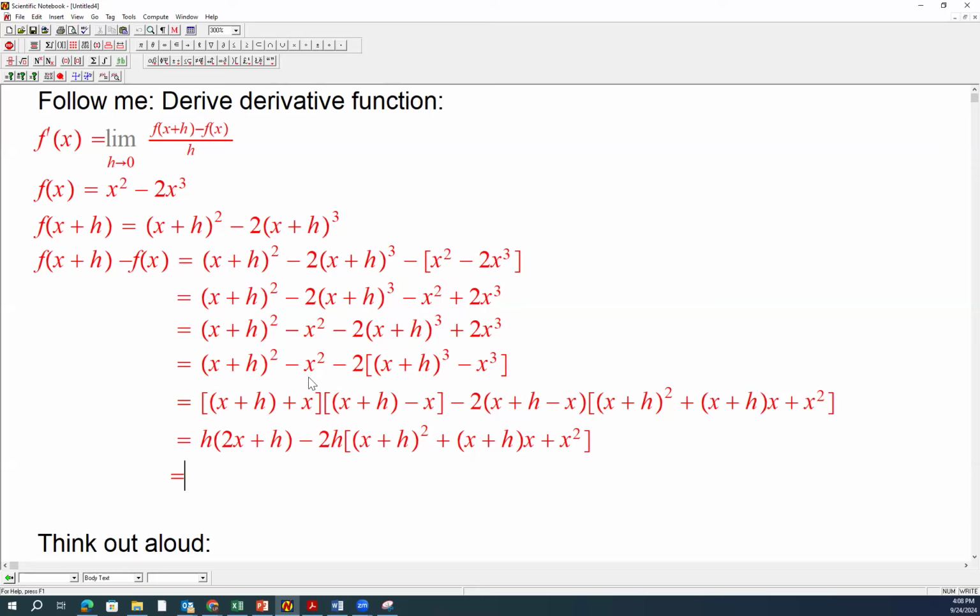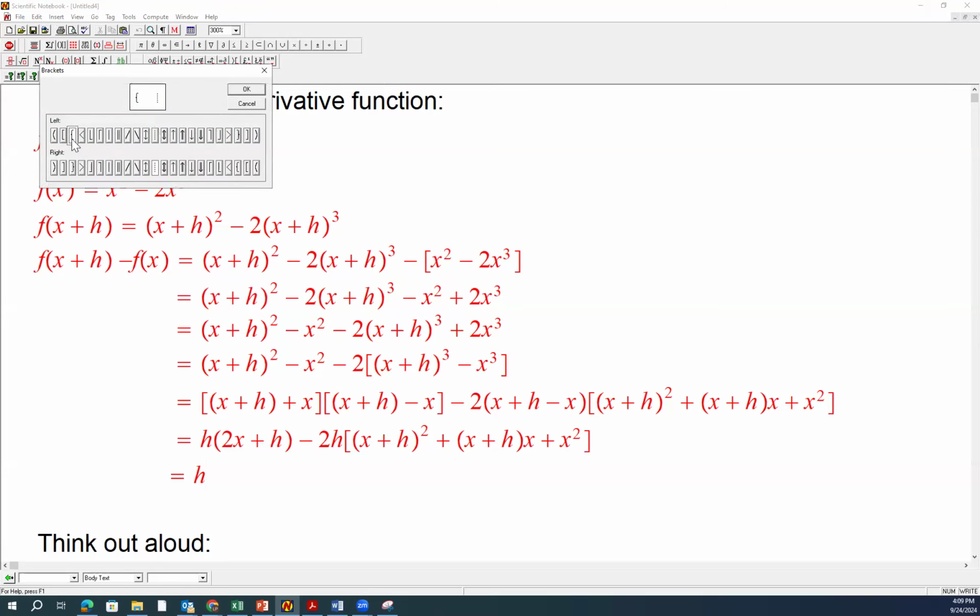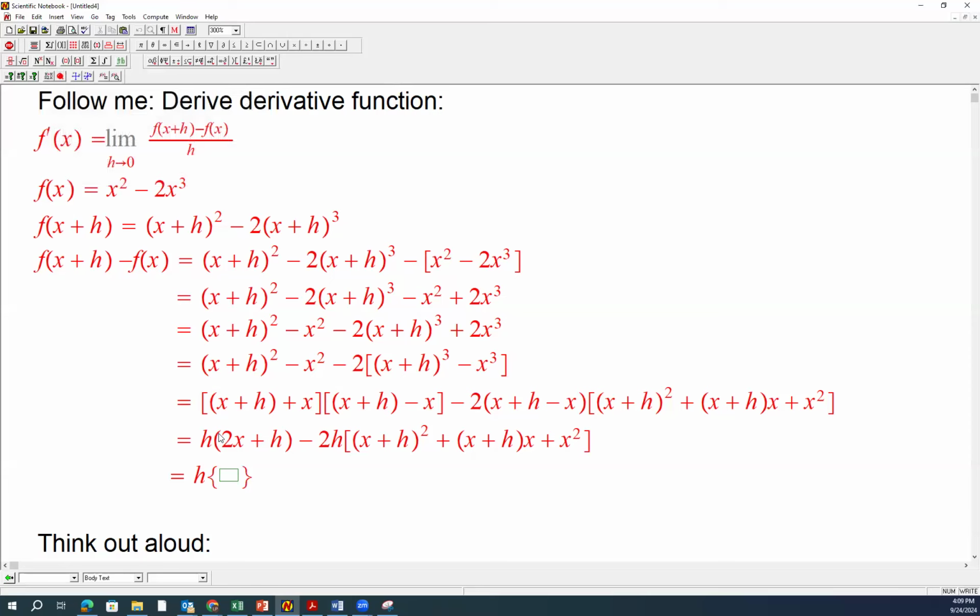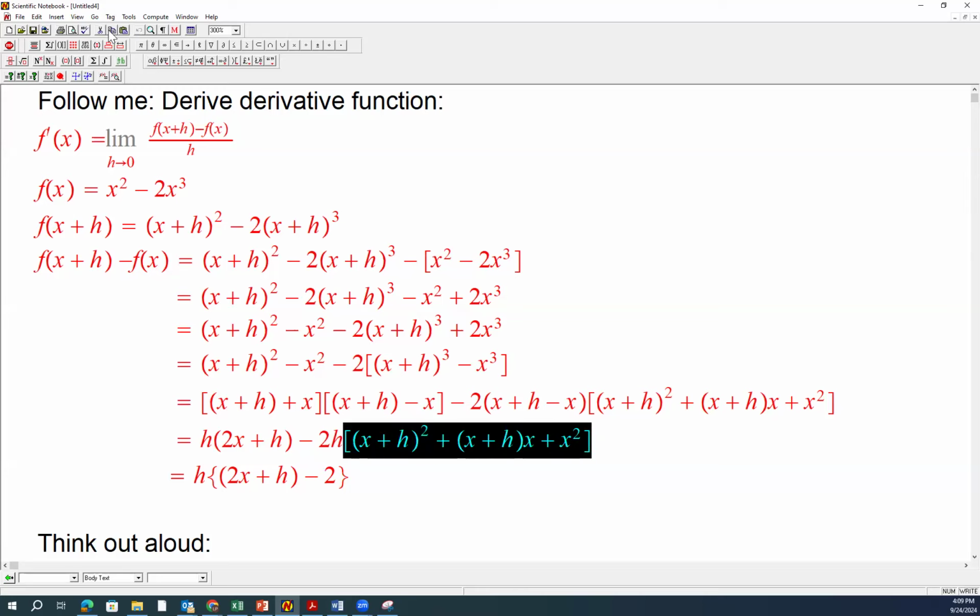So now we got it. I'm going to factor out the h. Okay? And let me use a curly bracket. So this h is out. So 2x plus h will be left in the curly bracket, minus 2, this h is out, so minus 2 times that bracket.